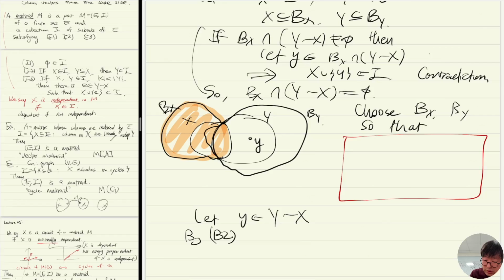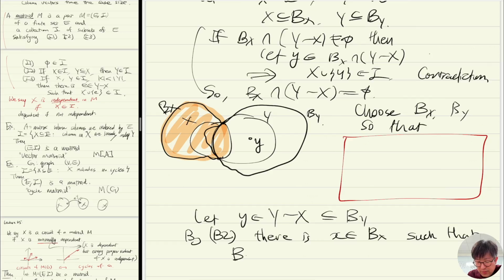By B2, there is an element in bx such that by minus y and add something is a base, right?